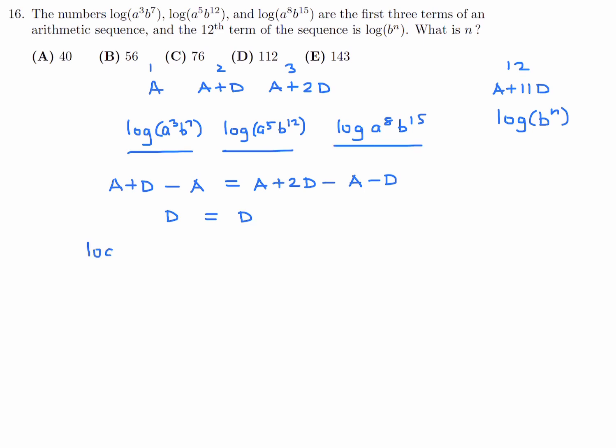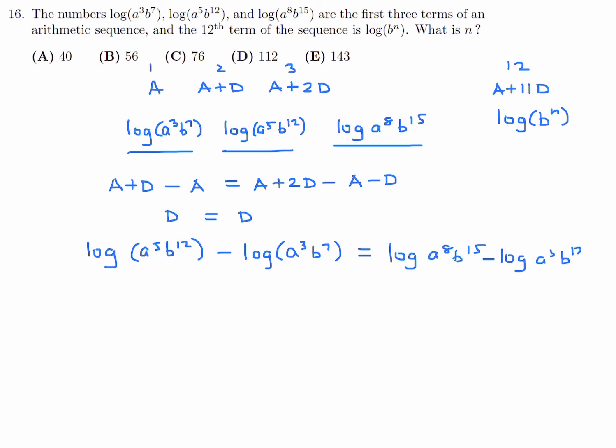Exact same. Take the second term, a^5 b^12, and subtract from it the first term, a^3 b^7, like that. And that's equal to the third term, subtract from it the second term, a^5 b^12, like this. Okay, and this is going to help us. In log rules, if you have anything like this, it just becomes one over the other.